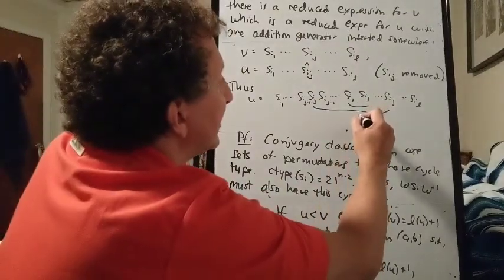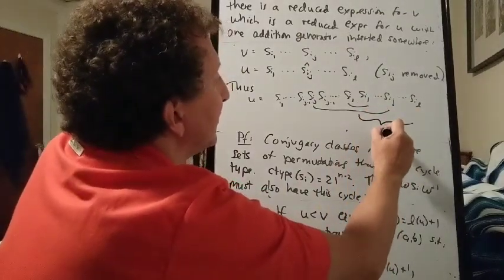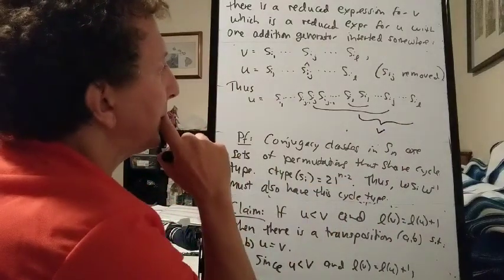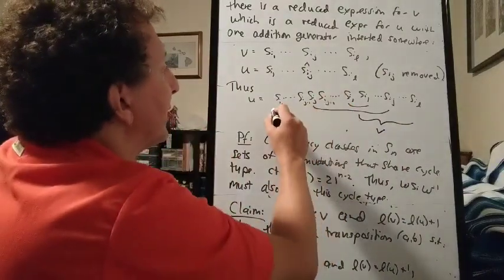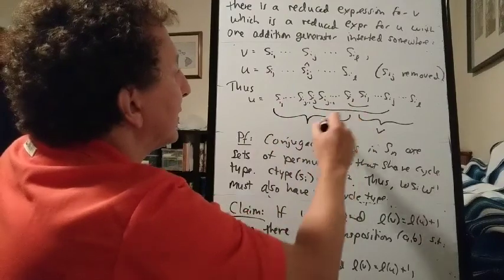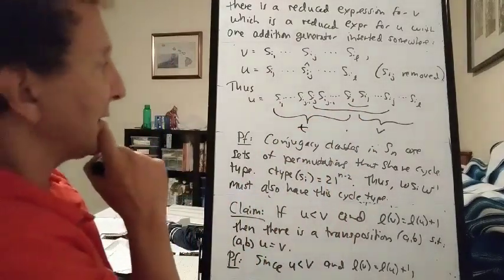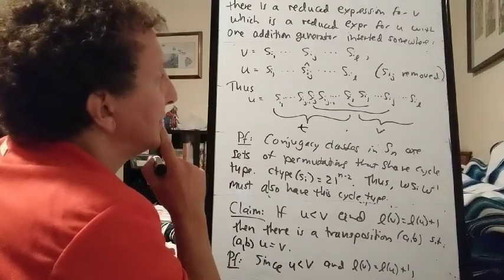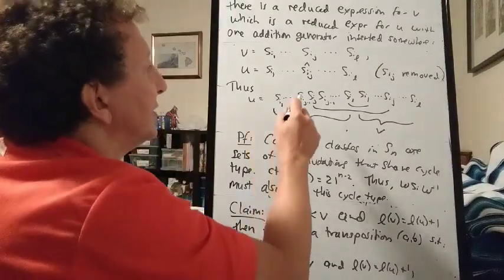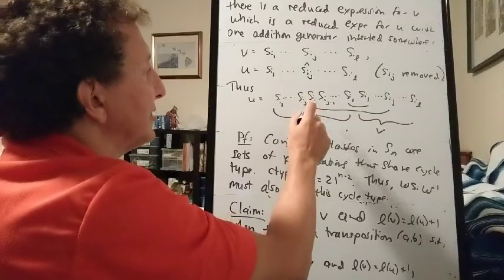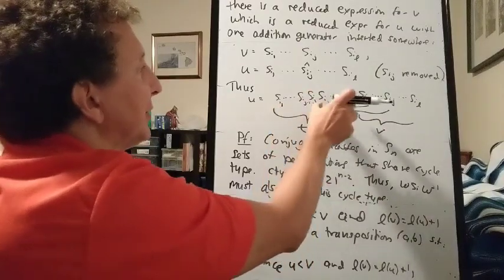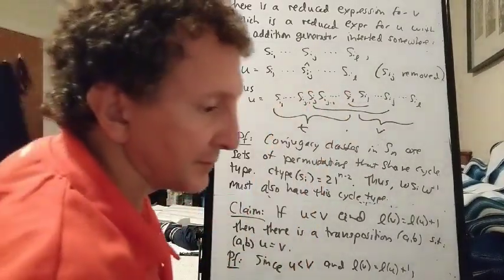So again, here is V. We're multiplying it by this palindromic expression T, which is a conjugate of Sij, because it's got some permutation here and then its inverse over there.